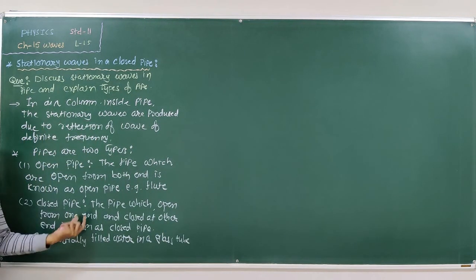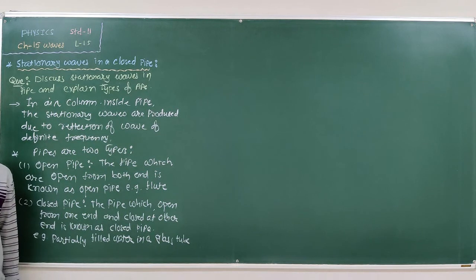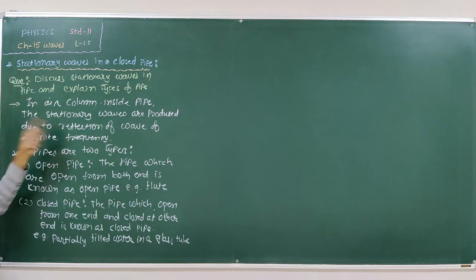For both open and closed pipes, we obtain the modes of stationary waves. Again, discuss the stationary wave in a pipe and explain the types of pipe. In a column inside a pipe, the stationary waves are produced due to reflection of waves of definite frequency. The pipes are of two types: the open pipe and the closed pipe.